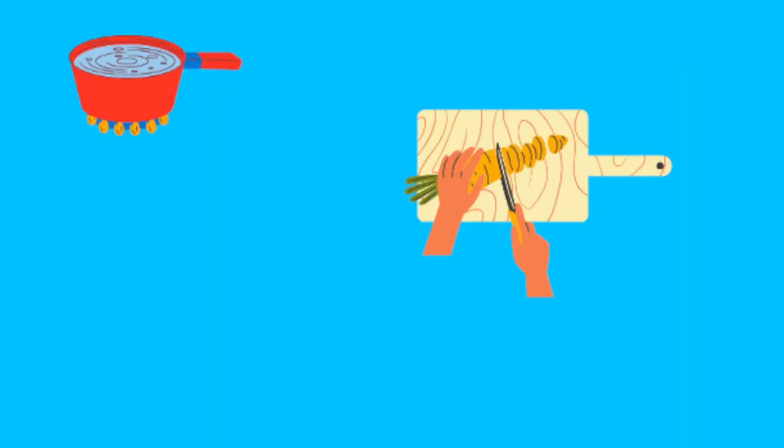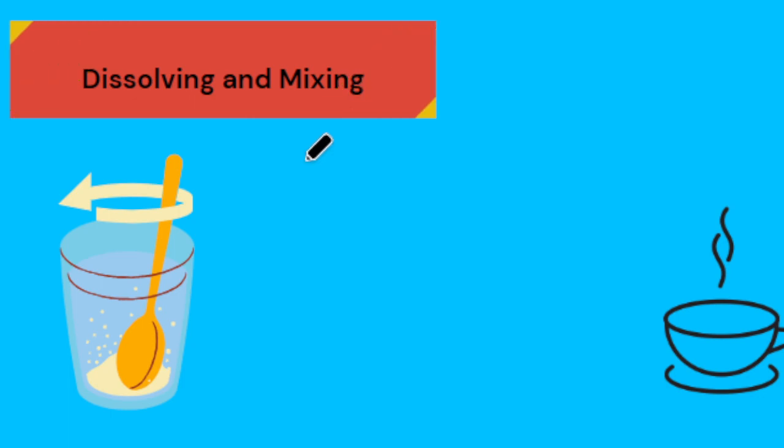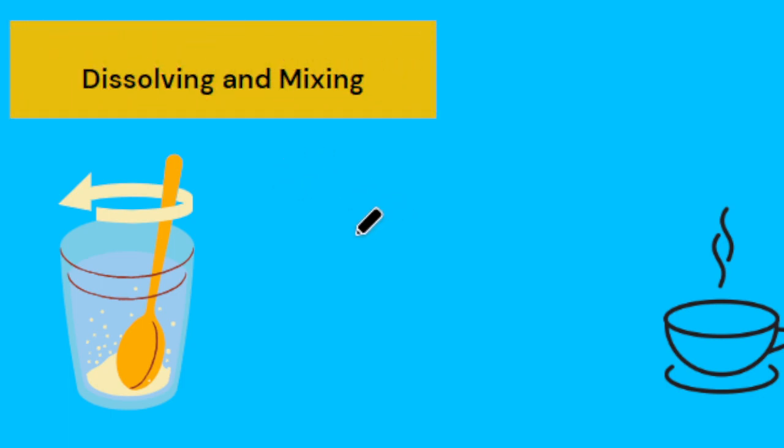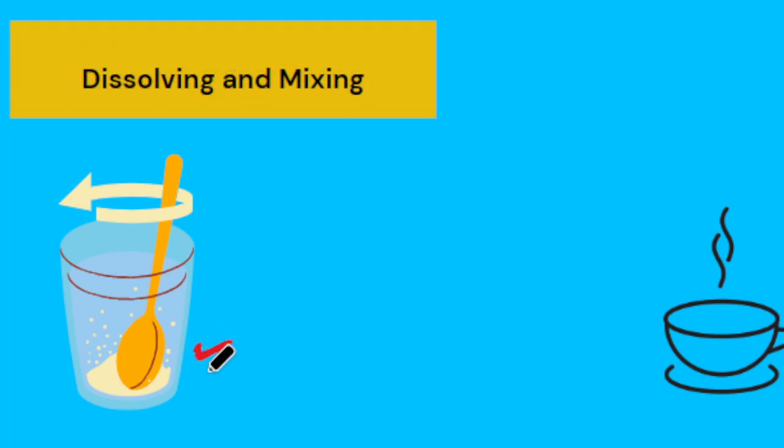Okay, next examples I take are boiling of water and cutting a carrot. Another example is dissolving and mixing. When we dissolve salt in water, we get a homogeneous mixture. So what is this?